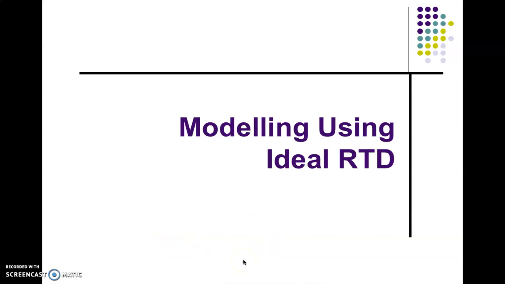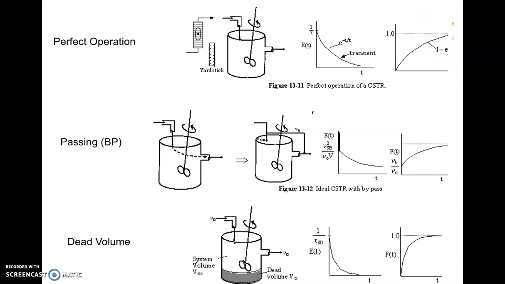Now we want to identify the model using ideal RTD, right? This is again your CSTR. In perfect operation, the ideal condition, this is the E(t) curve, and you can determine your tau from the curve.